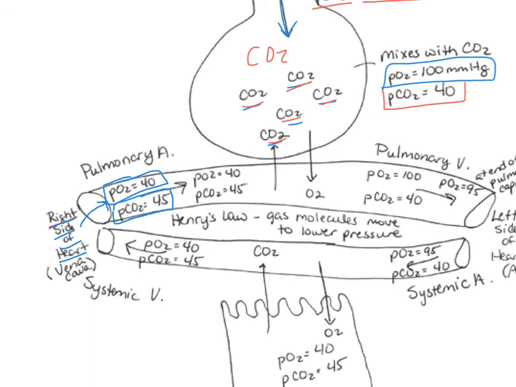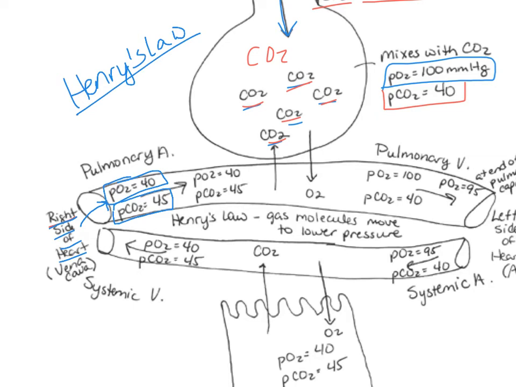So another law that we have is called Henry's Law. Basically, what Henry's Law is saying is that those gases are going to be squeezed out of one solution and into another. The gases are going to move from a high partial pressure to a low partial pressure, right?